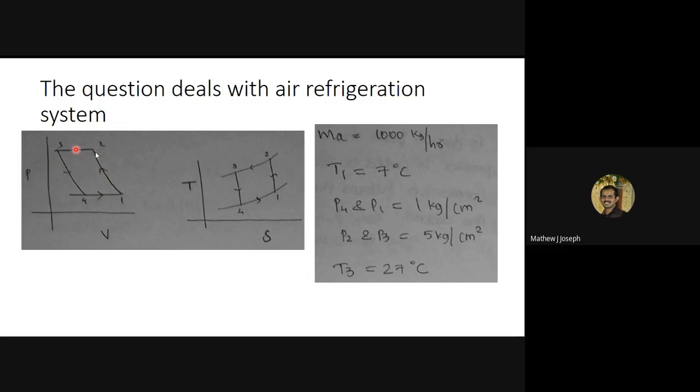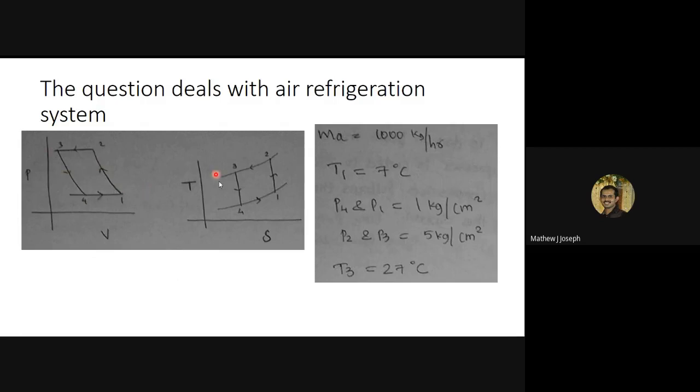Then 2 to 3 is the constant pressure heat rejection step. Then 3 to 4 is our expansion process, which can be isentropic or polytropic also. So we are getting the final cycle as 4, 1, 2, 3, and 4.